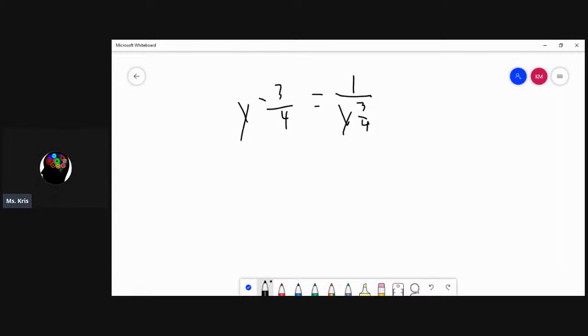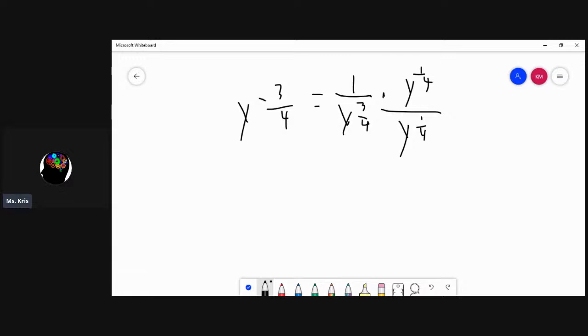Of course, based on the radical signs of making the fractions whole, you can multiply y to the 4th on top and y to the 4th on the bottom.